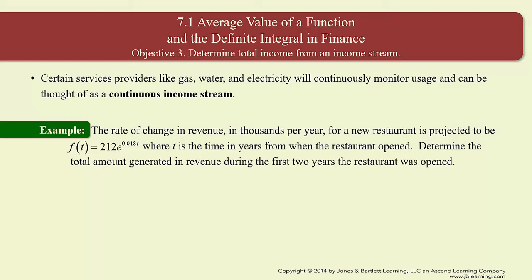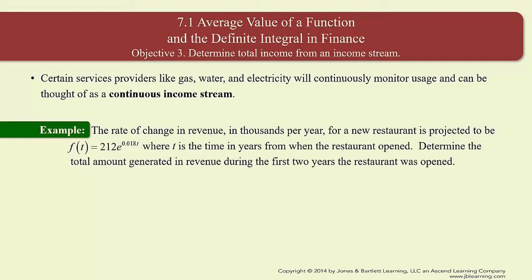This rate of change function is going to be correlating to what is called a continuous income stream, and we'll talk about it more here in a little bit. But we're given a rate of change in revenue. To get the total amount of revenue, that's where we're going to integrate the rate of change function. Remember, when you integrate a rate of change function, it gives you a total increase or a total decrease.